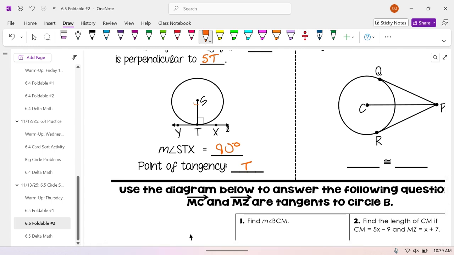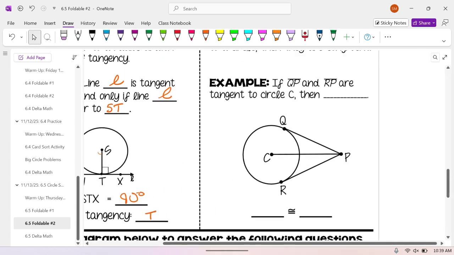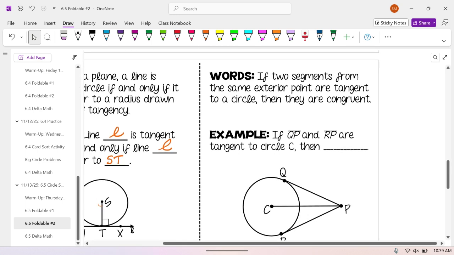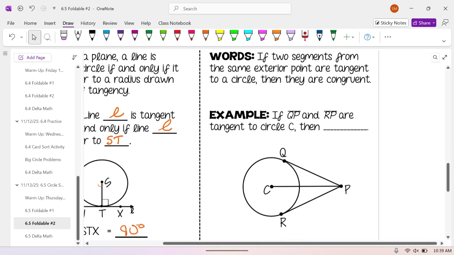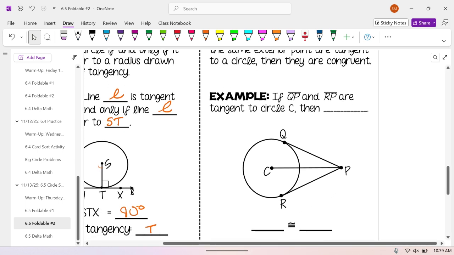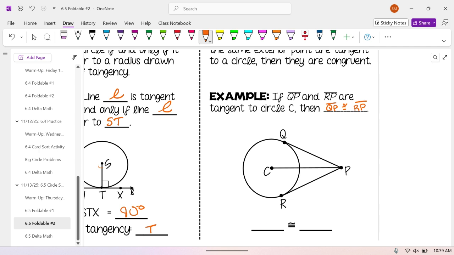All right. If we look over here, if two segments from the same exterior point are tangent to a circle, then they are congruent. So if QP and RP are tangent to the circle, then we would say that QP is congruent to RP. That's exactly what was typed in right down here.